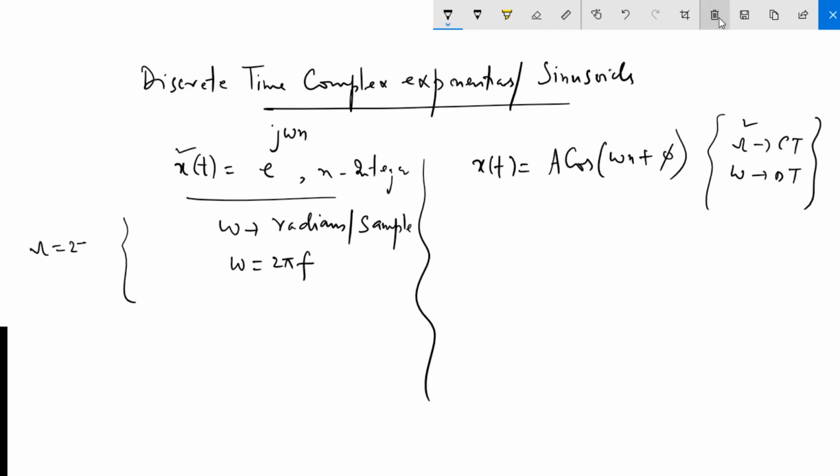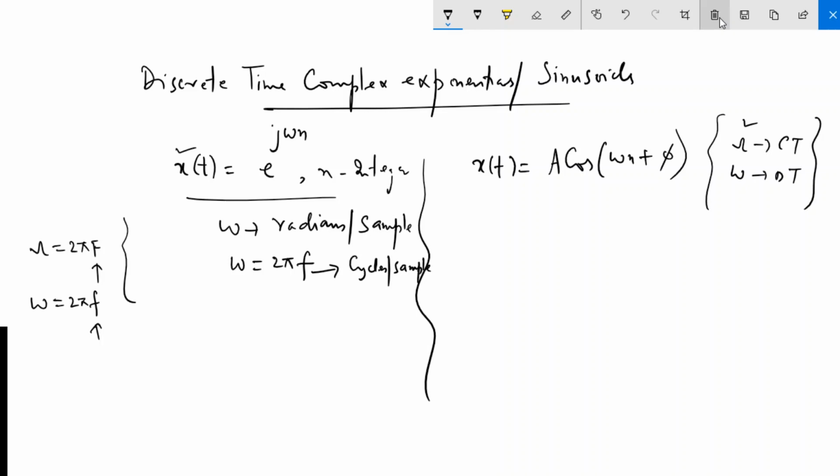Omega is equal to 2 pi capital F, so capital F is the continuous time frequency, and this omega is equal to 2 pi small f, where small f is for the discrete time signals. This is a differentiation between the two. Capital F was number of cycles per second, and small f will be number of cycles per sample. So this is the difference in the frequencies between the continuous and the discrete time case.